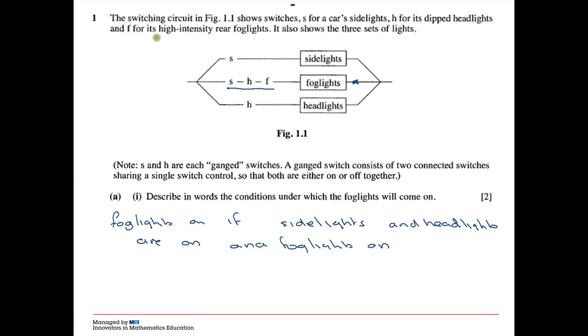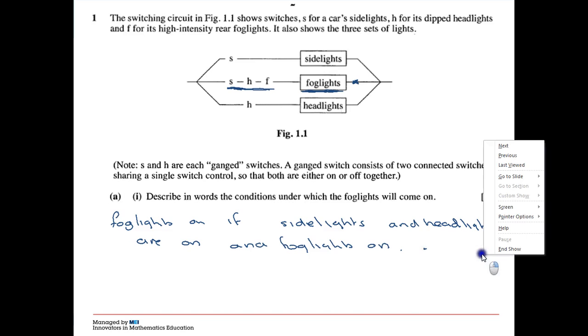So F is the high intensity rear fog lights, and if they come on, then we've got fog lights on. So we need all three of them, and basically that's all you had to say. It was reading literally what it says on the diagram here. 2 marks for that. Just 2 marks. 1 for side lights and headlights, 1 for mentioning fog lights.